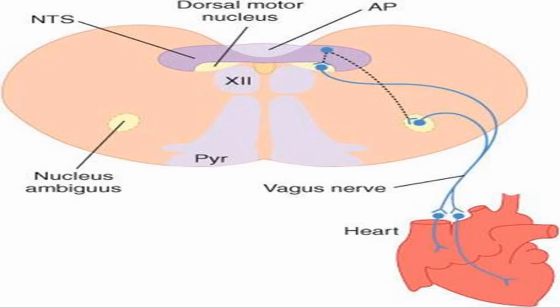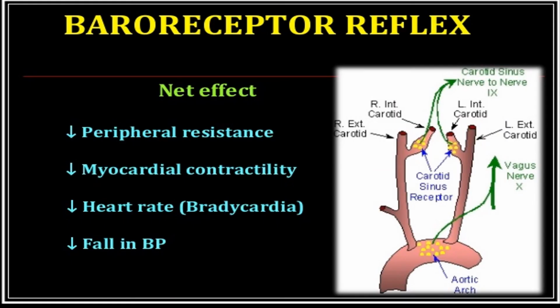So there is a decrease in sympathetic discharge and an increase in parasympathetic discharge to the heart. These neural changes produce vasodilation, venodilation, hypotension, bradycardia, and a decrease in cardiac output.